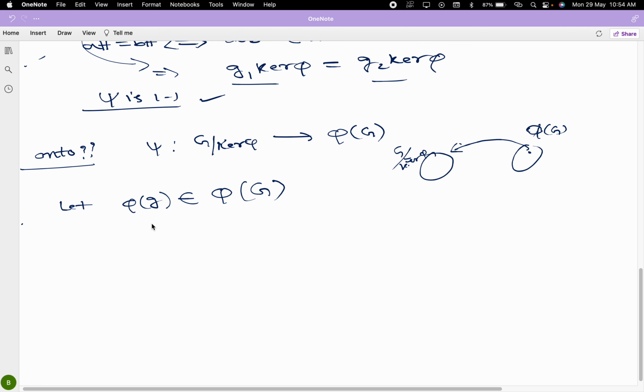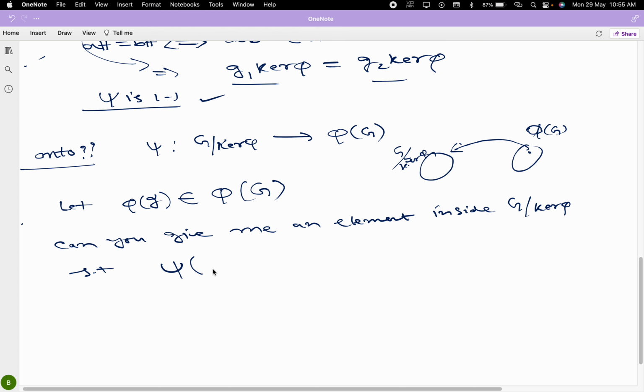So let's check: phi of g dash is a member of phi of G. Can you give me an element inside G mod kernel phi such that psi of that element gives us phi of g dash?